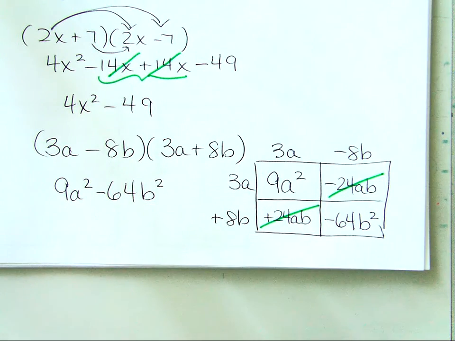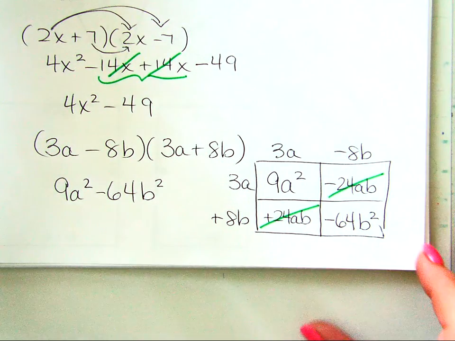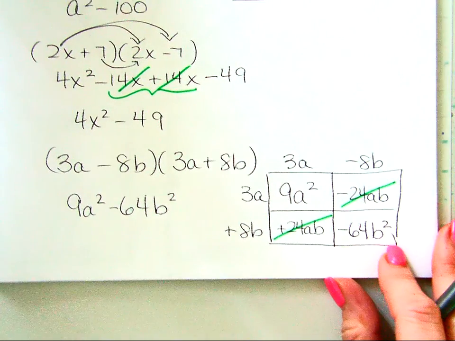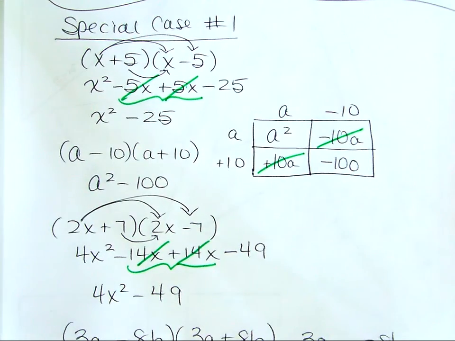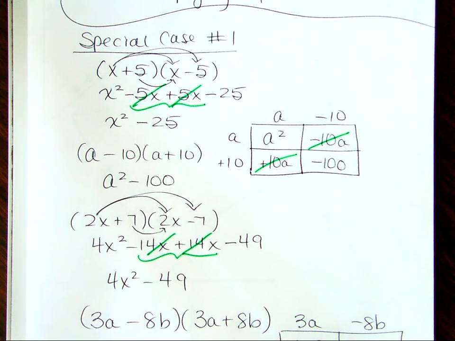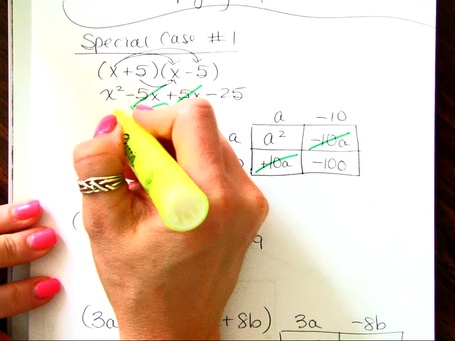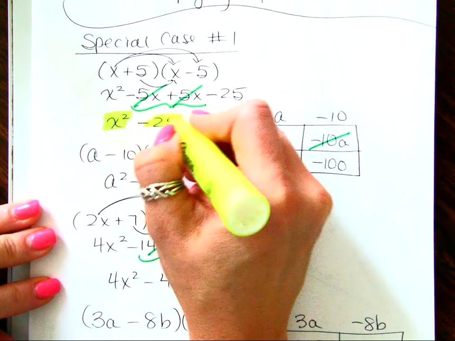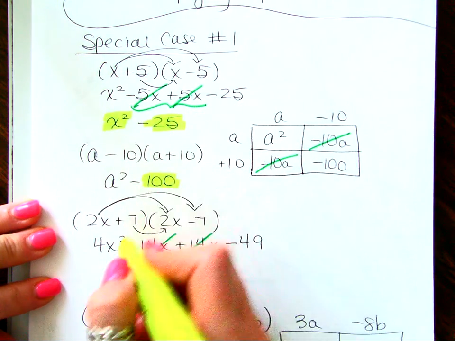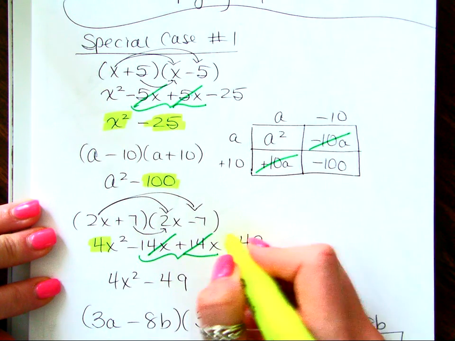So let's stop with the examples right now and go back and look at what we have, and try to figure out some things. I'm going to get a highlighter and highlight some numbers here, and you're going to tell me what all these numbers have in common.